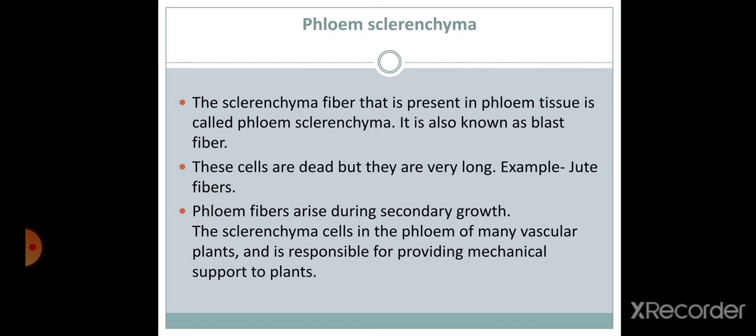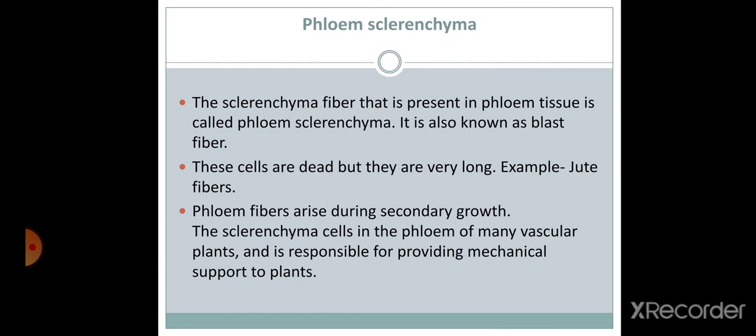The fibers which are commercially important, for example from cannabis plants and flax plants, are used for the manufacture of ropes. The structure of the phloem fibers: the cells are elongated, having interlocked ends. The cell wall is thick and lignified with pits.